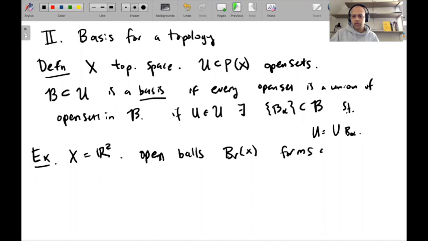Here r is greater than 0 and x is any point in R2. This is essentially by definition. This is how we defined open sets. Open sets are sets so that you can find around any point in that set a small ball around it, and hence that open set is a union of all of these small balls around each of its points.